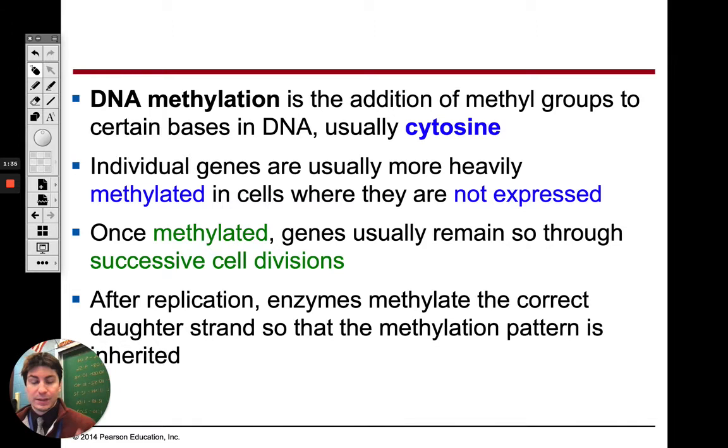Now, let's say this is a lung cell where that gene is not expressed. Maybe in a liver cell it is, maybe in a brain cell or a heart cell it might be expressed. But in that particular cell, it doesn't really need that particular gene based on its function.